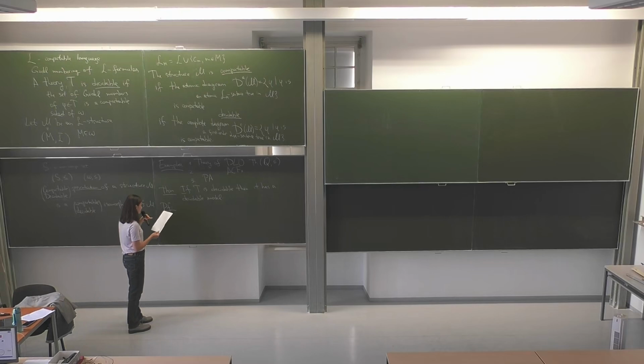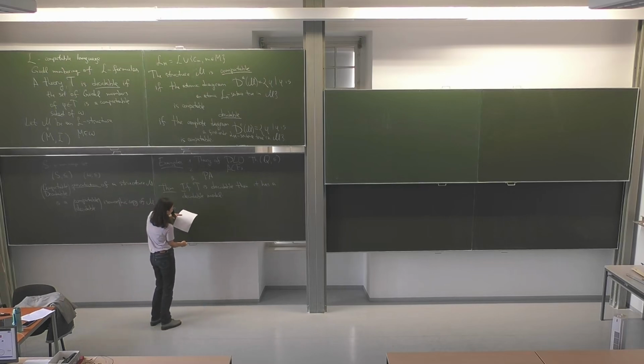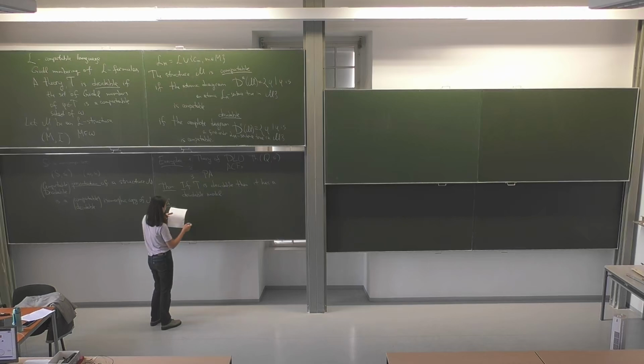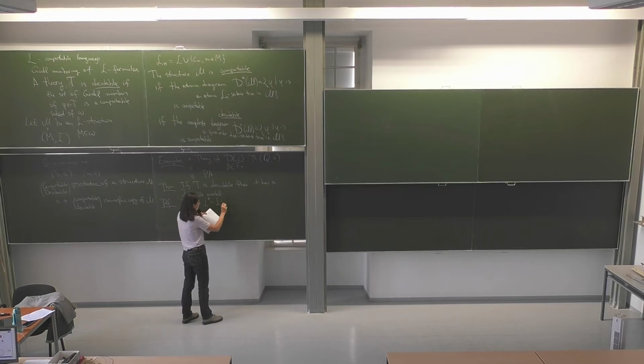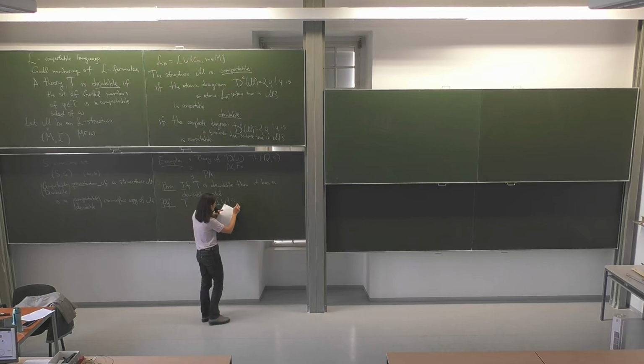So, what's the usual proof of this theorem without any decidability? The Henkin construction. We have our theory T, and to build a model, we expand the language. So we take the language of this theory, and we expand it by new constants c_i, i in omega.